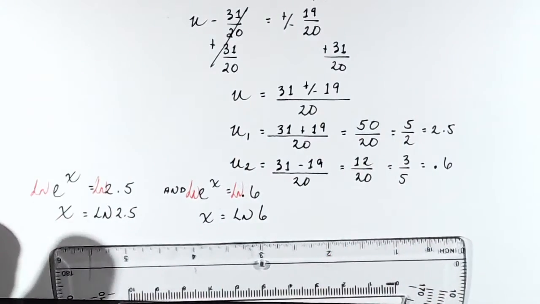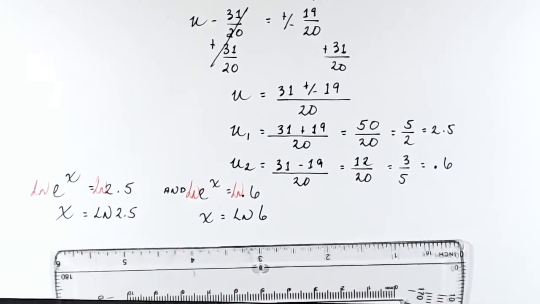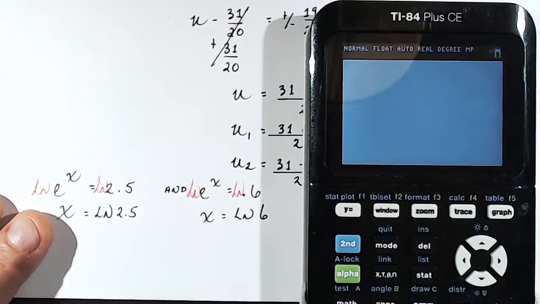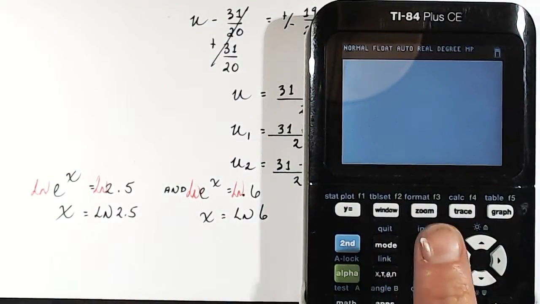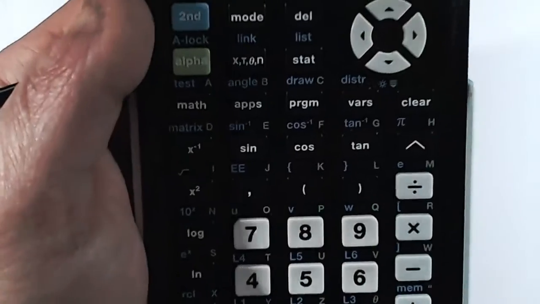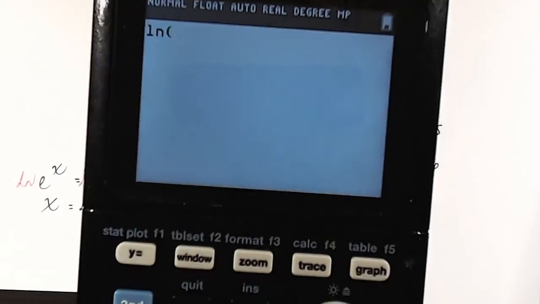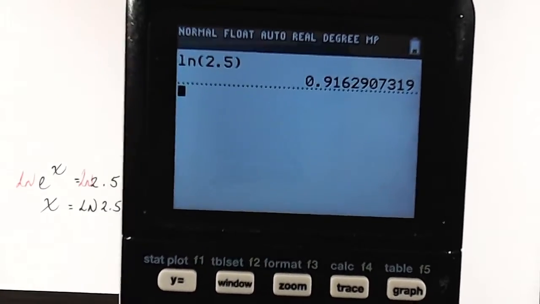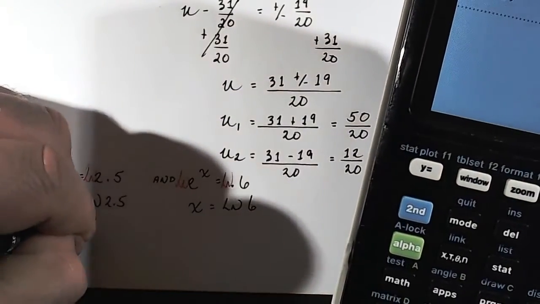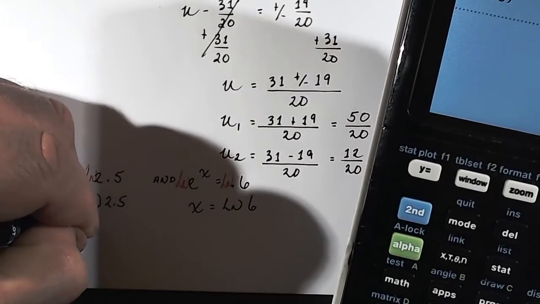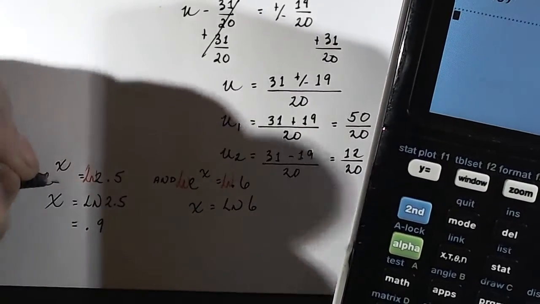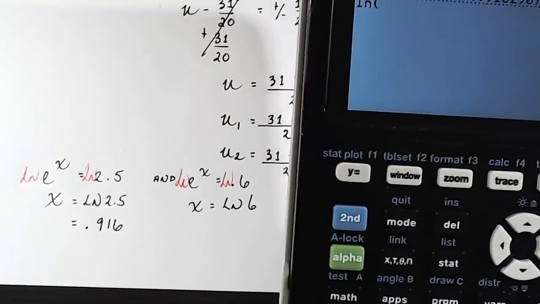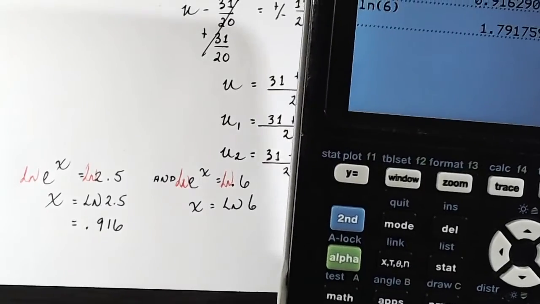All right, so you have to approximate these. You have to use a calculator. There's no way to do it by hand. So we'll take ln, I'm going to press this ln key here, ln of 2.5 and get 0.916. And take ln of 0.6 and get negative 0.51.